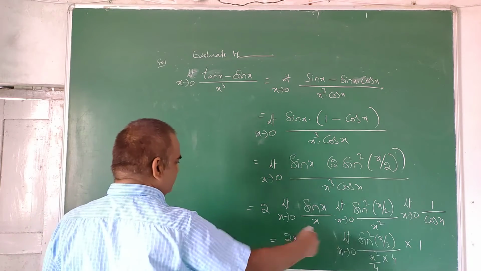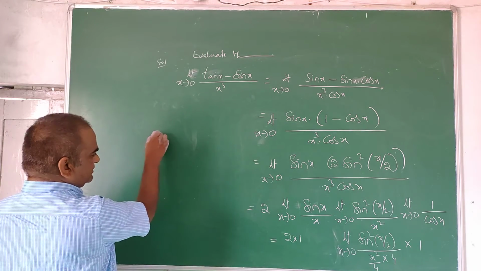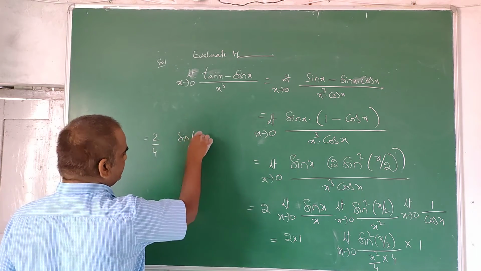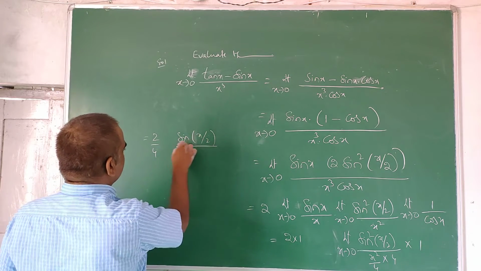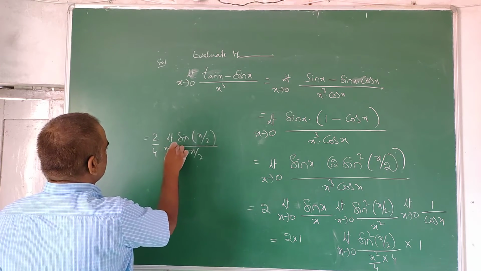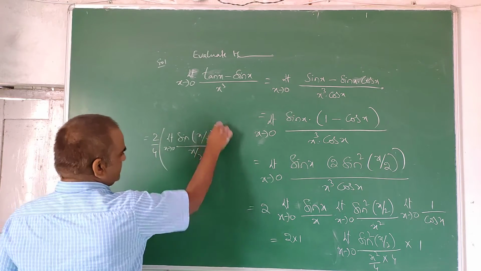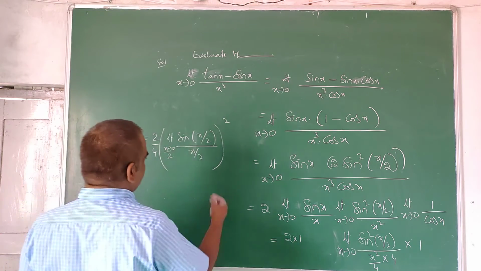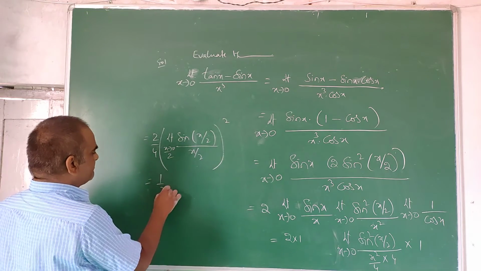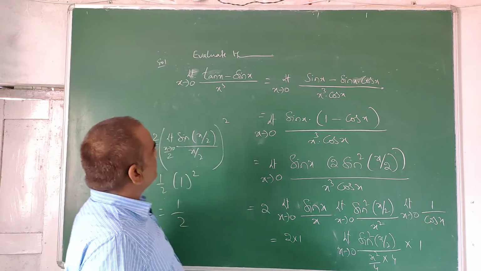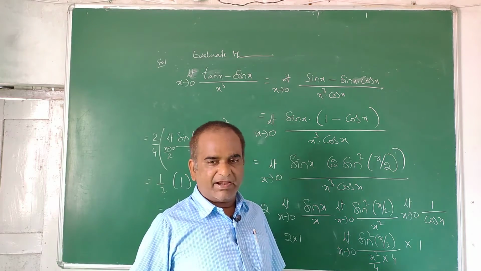So now that 1 by 4 comes out. So this is equal to 2 into 1 by 4, and it is (sin x by 2 by x by 2) as limit x tends to 0 whole square. As x tends to 0, x by 2 also tends to 0, into 1. So 2 by 4 is 1 by 2 into 1 square, which is 1 by 2. So the final result of this is 1 by 2. Understood?